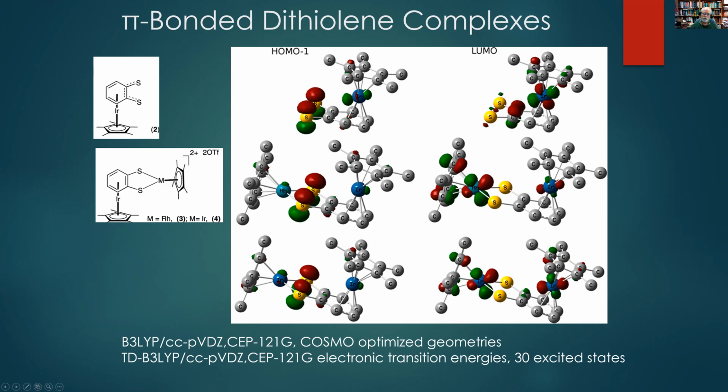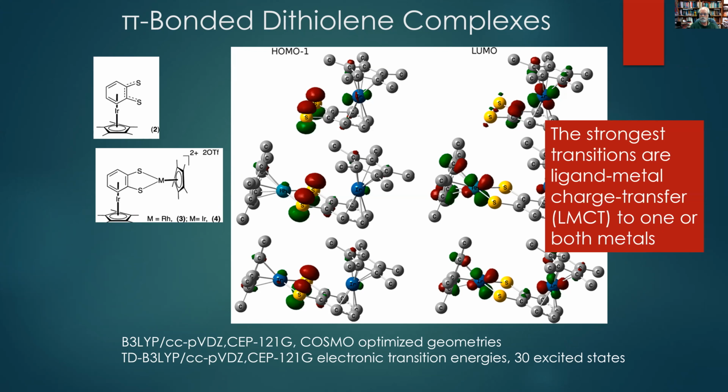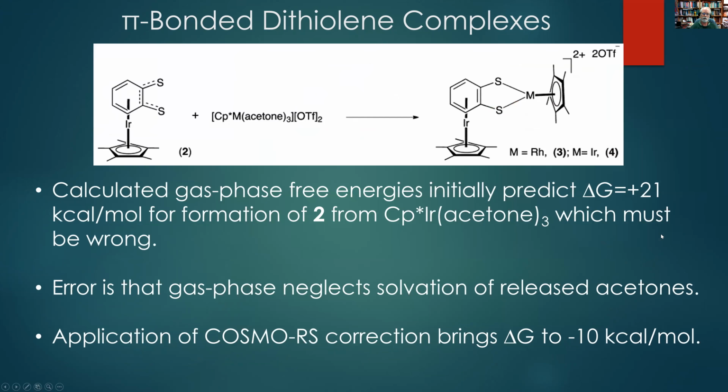We're still going from a ligand to the metal, and so this is what we would call ligand metal charge transfer transitions, or LMCT transitions. And this is the kind of thing that Hani is looking for. He wants to see that these transitions do correspond to significant relocation of the electron within the molecule. And that's a good indication that this is a candidate for a new electronic or optoelectronic material.